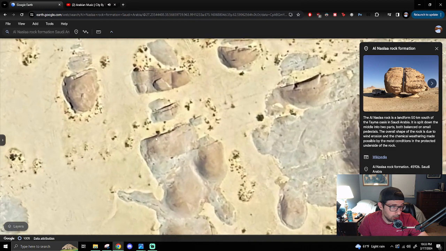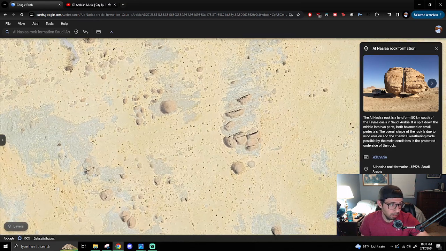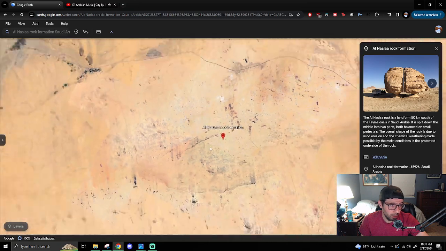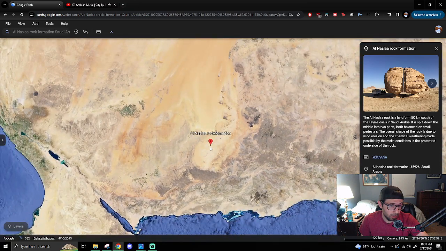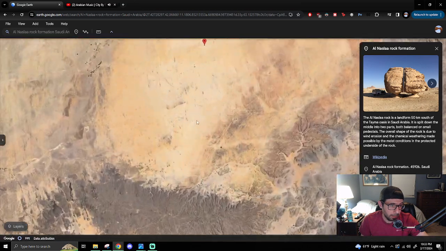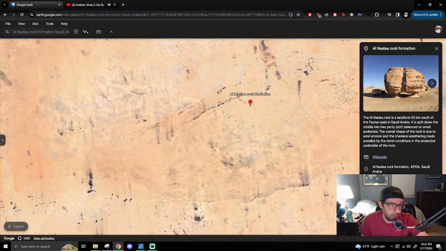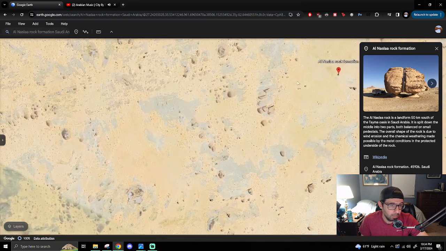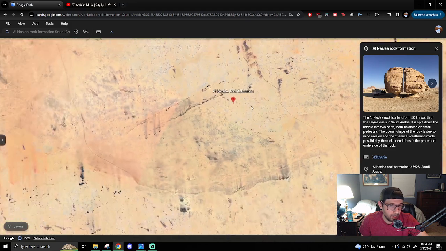Over here we see all these. They're just all very much sliced this way, this way. So let's just zoom out a bit. Okay, so this is where we are. So they're sliced this way.